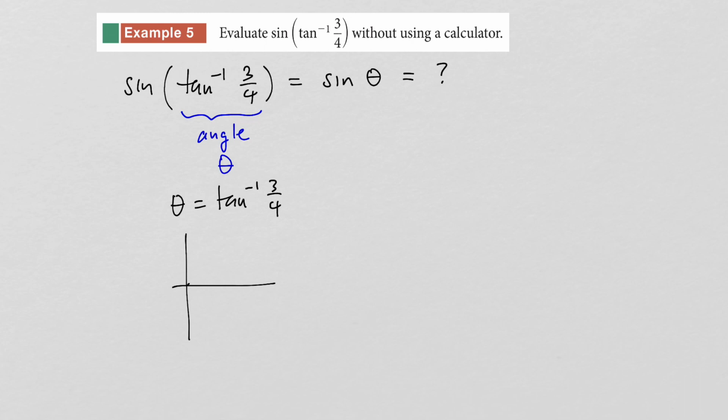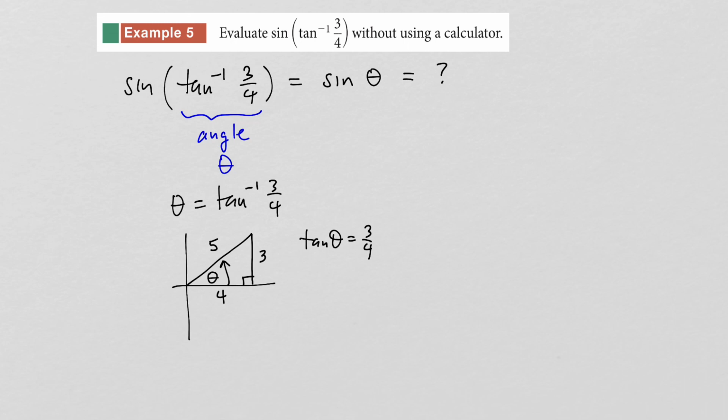Well, because it's positive, it has to be in the first quadrant. So here is theta. And what we're really saying here is tangent of theta equals 3/4. So if I label the sides, the opposite side is 3, the adjacent side is 4, and by the Pythagorean theorem, the hypotenuse would be 5.